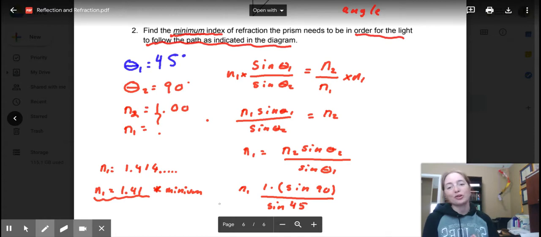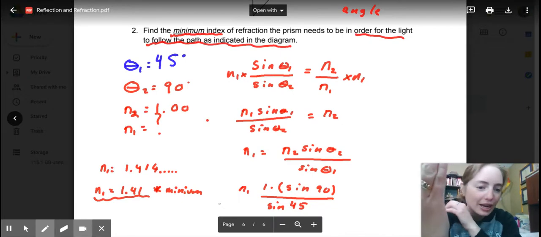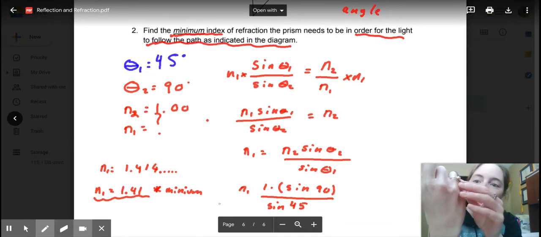I did post on Google Classroom a fun video about the use of refraction in creating super cool lasers. Other cool uses of understanding how light behaves in refraction is actually what makes gemstones shiny. So when you look at a ring that has a gemstone in it, so my engagement ring, for example, a couple small diamonds in there.